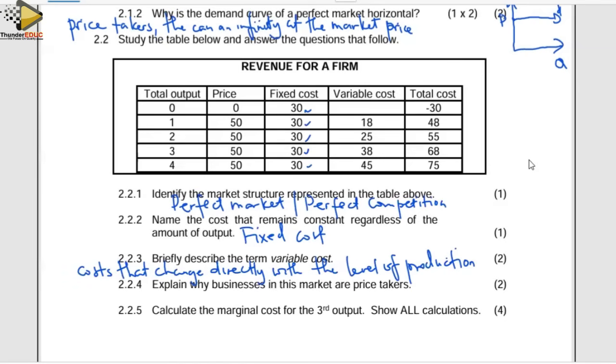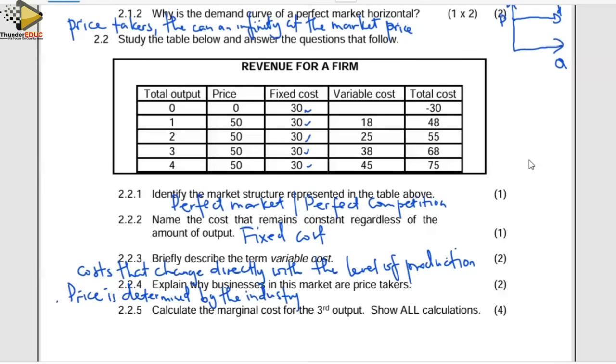Then explain why businesses in this market are price takers. Price is determined by the industry, which means no one business has got the power to change its price.